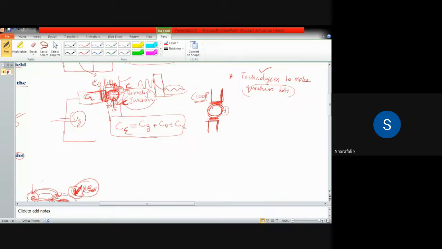If you are going to produce this kind of transistor in a massive way, in large quantity, then you have to consider all these things. So the size and the alignment or the position of this semiconductor and these quantum dots is also very important.